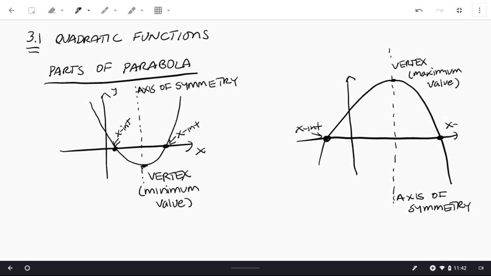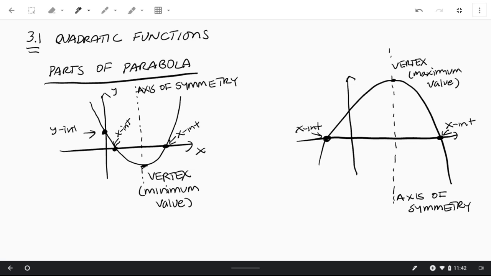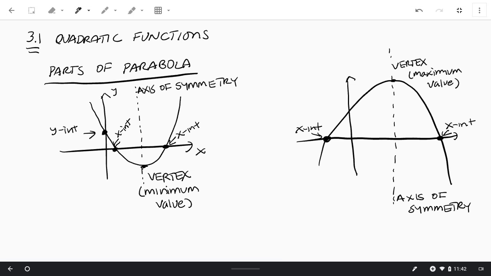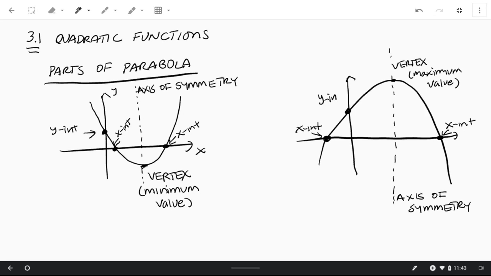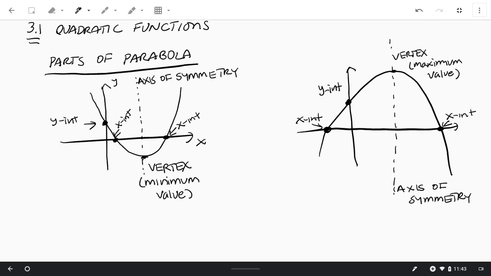And then the y-intercept, hopefully you can find the y-intercept here on the left. It's where the graph crosses the y-axis. So this one here is the y-intercept. And on the graph on the right, the y-intercept would be right there. Y-intercepts are pretty easy to find with functions because you just let x be 0 and solve for y. X-intercepts take a little bit of work.